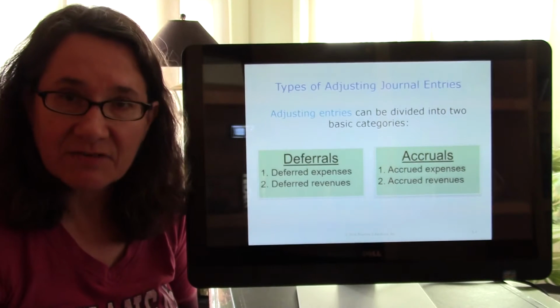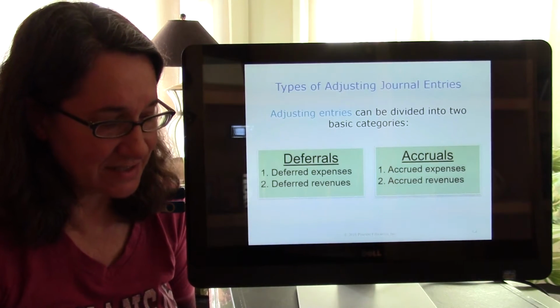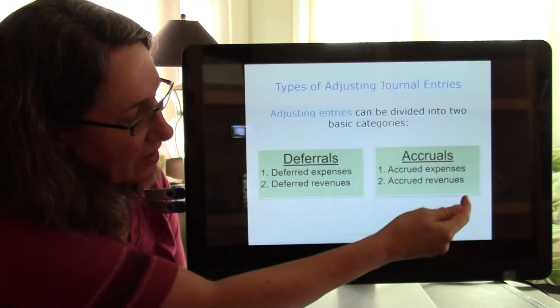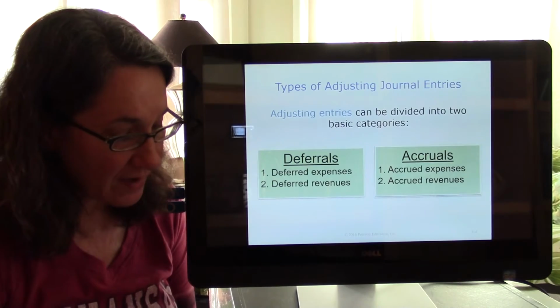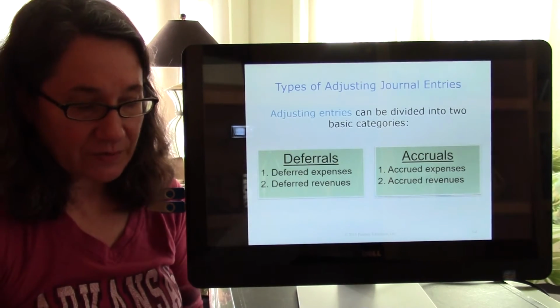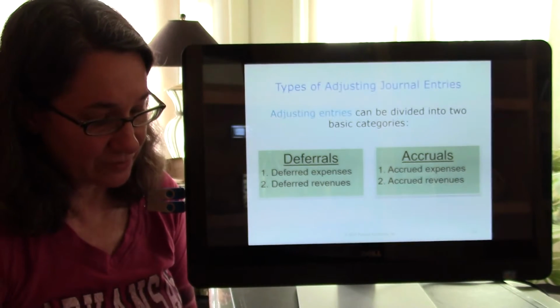Now, just like everything in accounting, there's some categories. In this case, adjusting journal entries come in two categories: deferrals and accruals. All right, so there are two types of deferrals, right? So deferred expenses and deferred revenues.